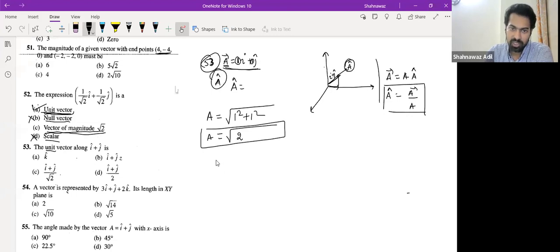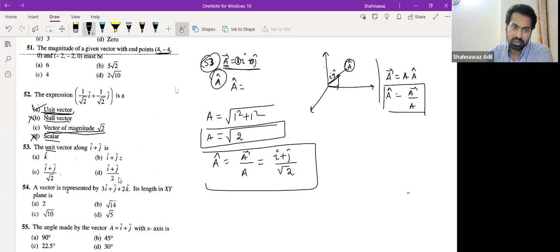So we can simply calculate the unit vector as A vector divided by magnitude. So this would be I plus J divided by root 2. So what is the answer? Right, quickly note it down.